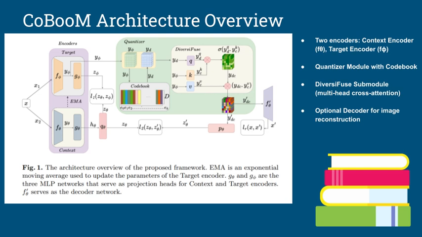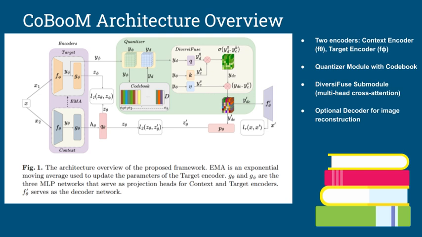The quantizer assigns each vector in Z1 to its nearest code word in the codebook. This process converts continuous representations into discrete representations. Think of it like taking a rich continuous image representation and tagging each part of it with the closest known visual pattern, making it both efficient and semantically meaningful.